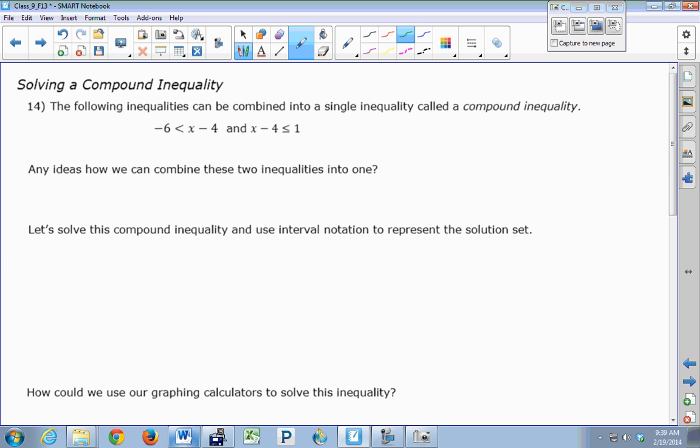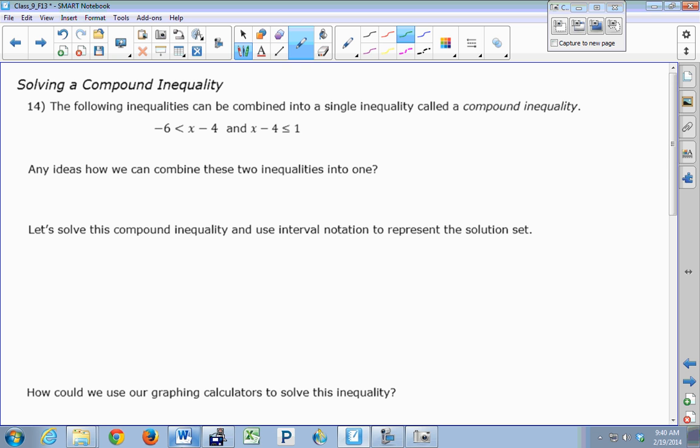The following inequalities can be combined into a single inequality called a compound inequality. It's like a compound sentence. I got the call that GCC was canceled on Friday, and I went back to bed. You know, something where you put 2 full sentences together. That's what this is. Any ideas how we can combine these 2 inequalities into one?